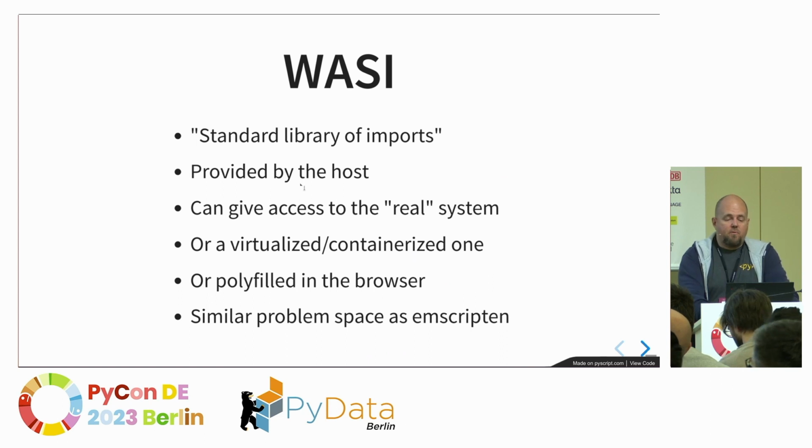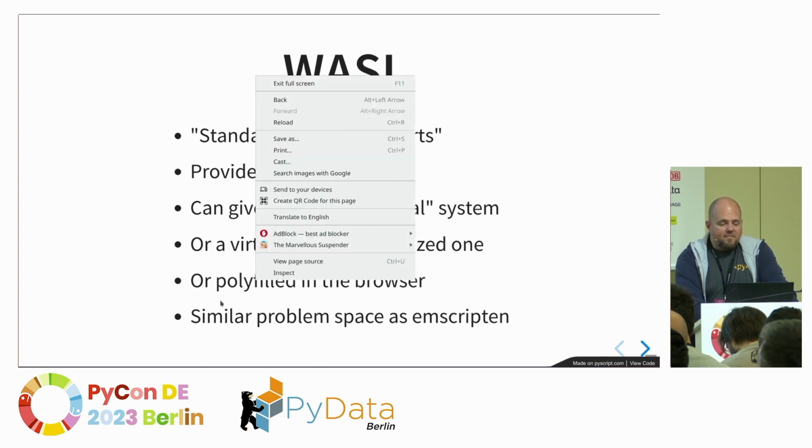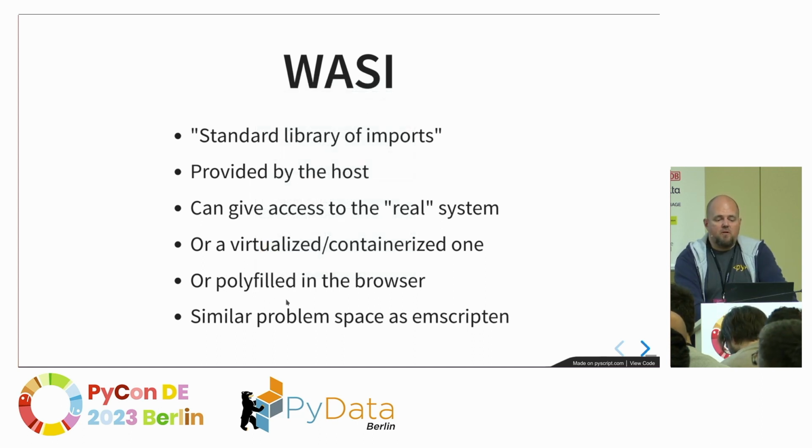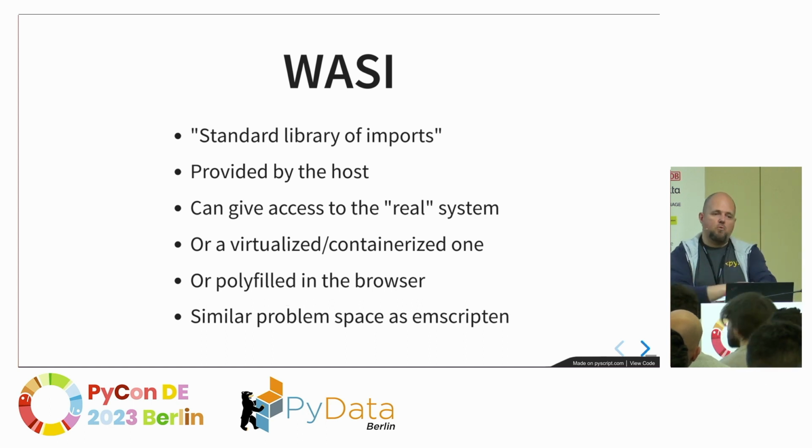Again, it's provided by the host, and the host can decide, for example, that the file system is the real one or the virtual one. It gives you a lot of flexibility. It can still be used in a browser, because since WASI is just a set of imports, you can re-implement them in JavaScript, similar to what Emscripten did, and have a polyfilled version of WASI for the browser.